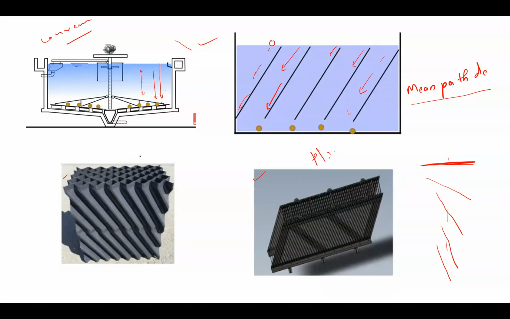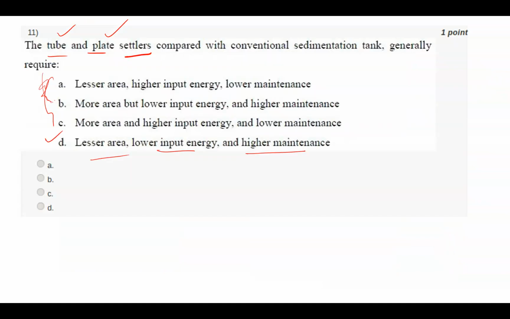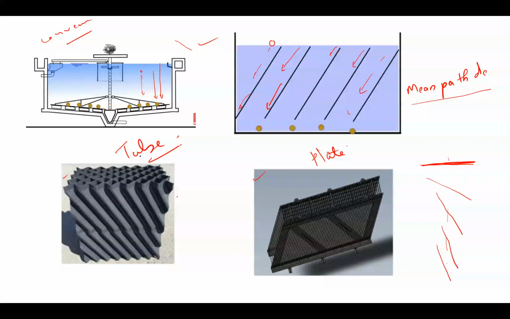Yes, this is plate and this is tube. Here you can see the tube is in rectangular tubes, and this is collecting, and the grit is removed from this place.